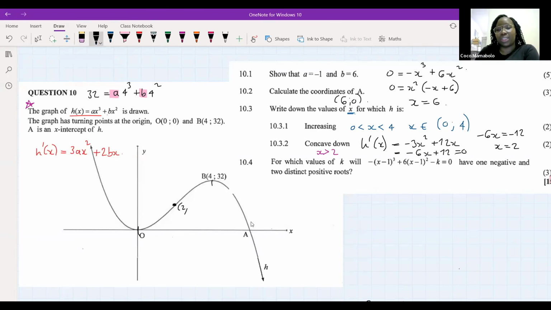What we normally do with this is I'm going to go h of x is equal to negative x cubed plus 6x squared. And then I'm going to rewrite this new one that they've given me right underneath it. I'm going to write negative x minus 1 cubed plus 6x minus 1 squared.